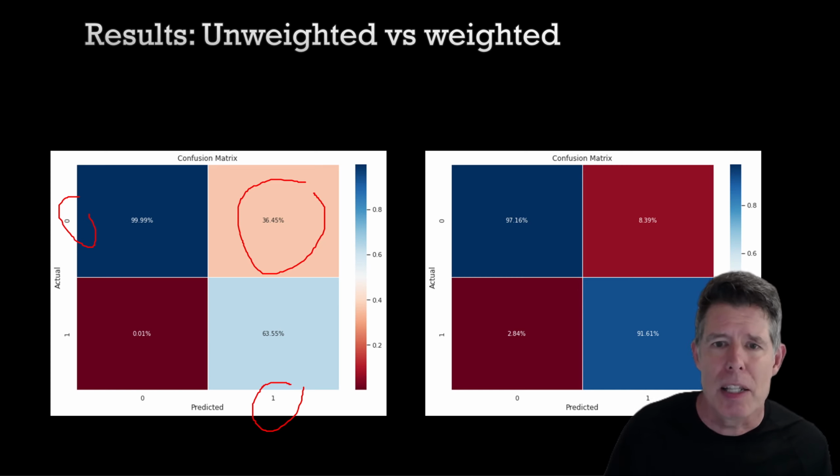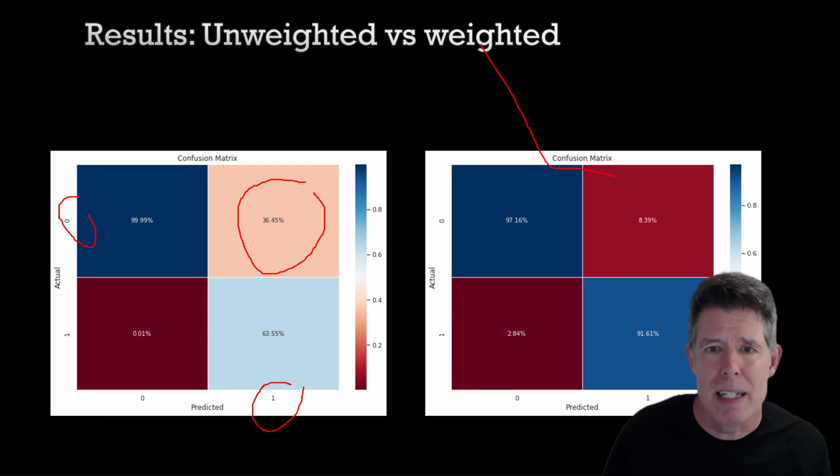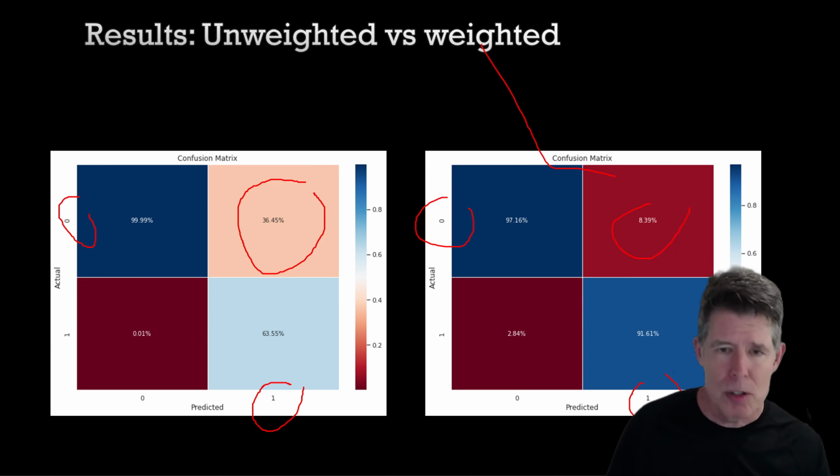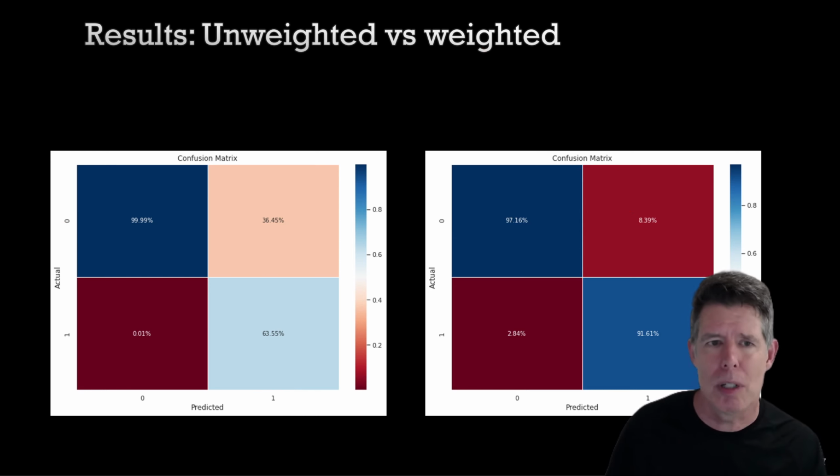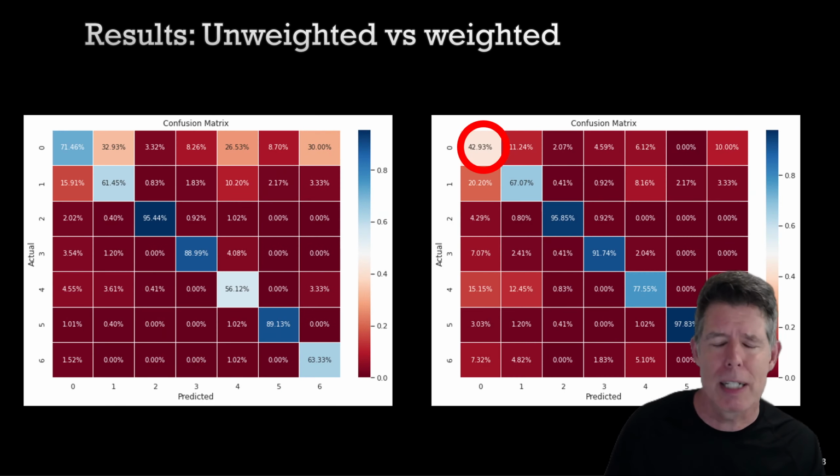But on the other hand, if we use the weighted, then when it was actually 0, we predicted fraud about 8% of the time. So by doing weighted, we made quite a bit of difference in how our model predicted things. It predicted fewer false positives.